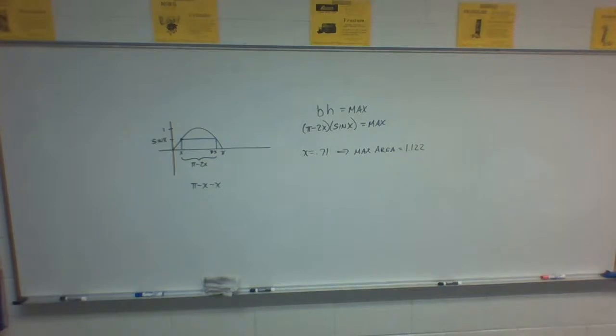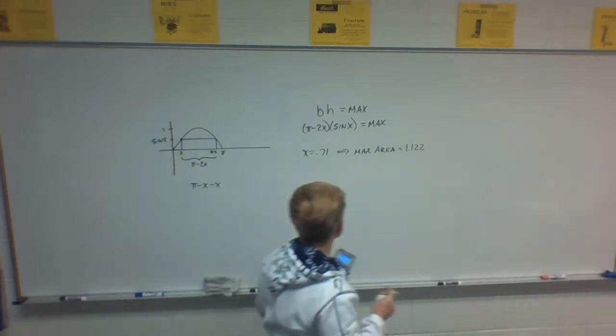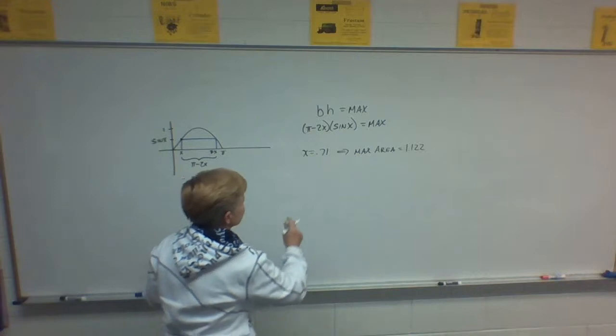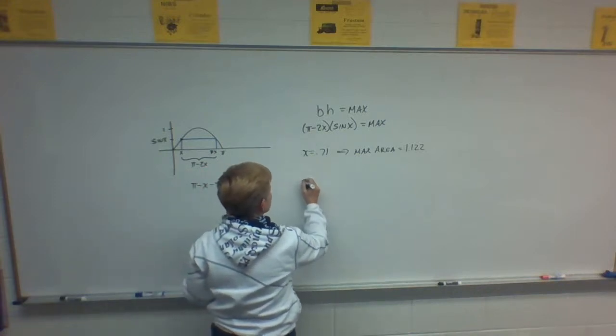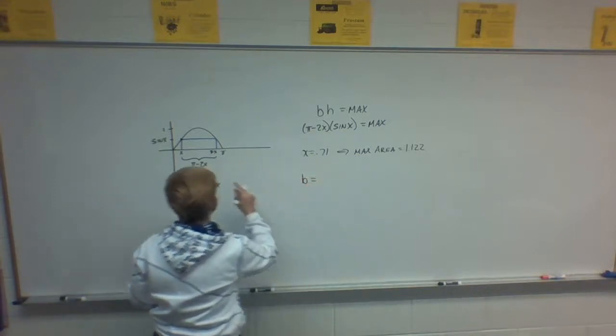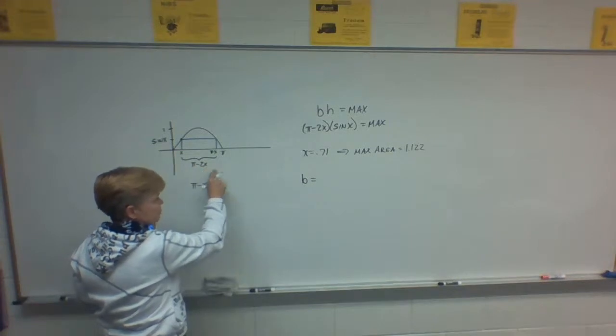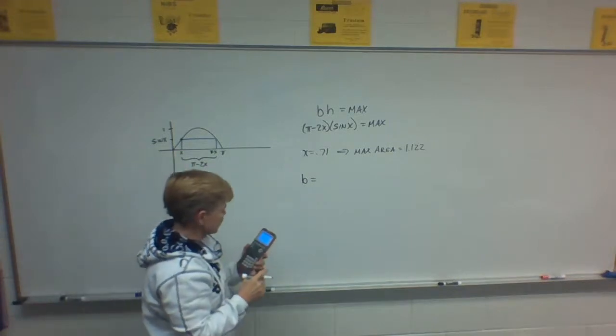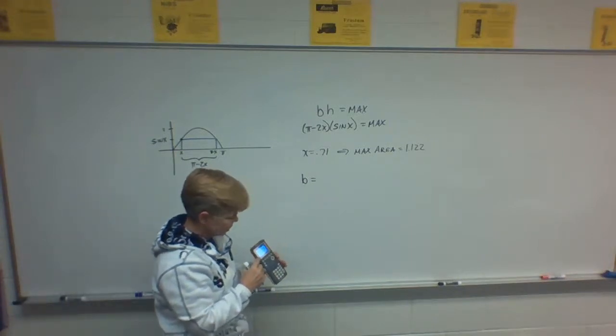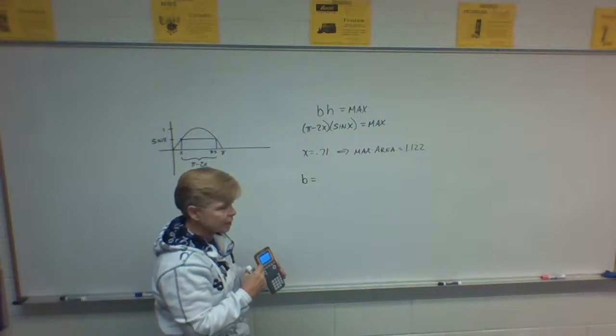But that's not all it has to do. What is the largest area that a rectangle can have? We found that. And what dimensions give that area? This is a little harder than you think. If x is 0.71, then the base is pi minus 2 times that. Now remember in your calculator that right now, if you haven't changed anything, stored in the x mailbox is this number.